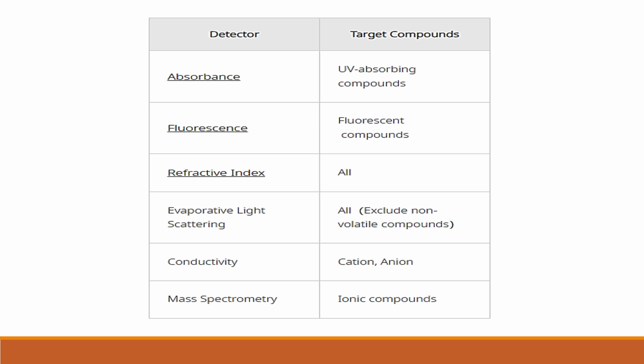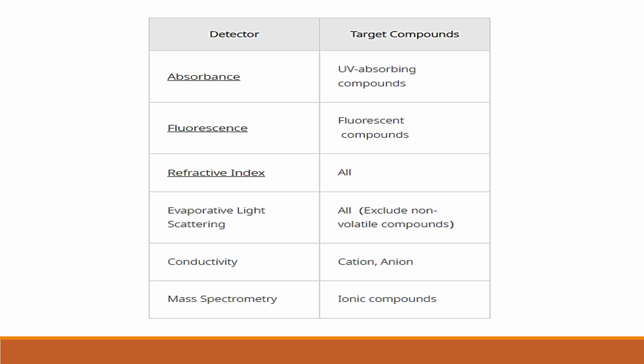Evaporative light scattering detectors are also universal detectors which can detect all compounds but excluding volatile compounds. Conductivity detectors are used where a sample has cations and anions that have to be detected.